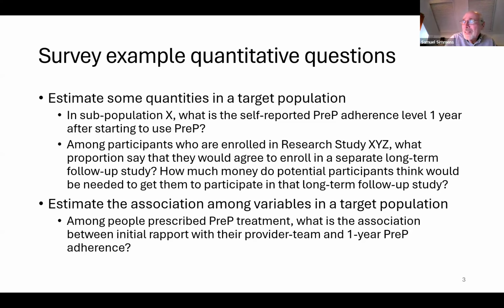So in this case, I just made up some examples here. One category of quantitative question is simply estimating a quantity, like a proportion or a mean. So, what is the self-reported PrEP adherence level 1 year after starting to use PrEP? That would be a question in a particular subpopulation. For those who are conducting research and have an existing study going on, perhaps you'd like to add on a long-term follow-up or some sort of sub-study.